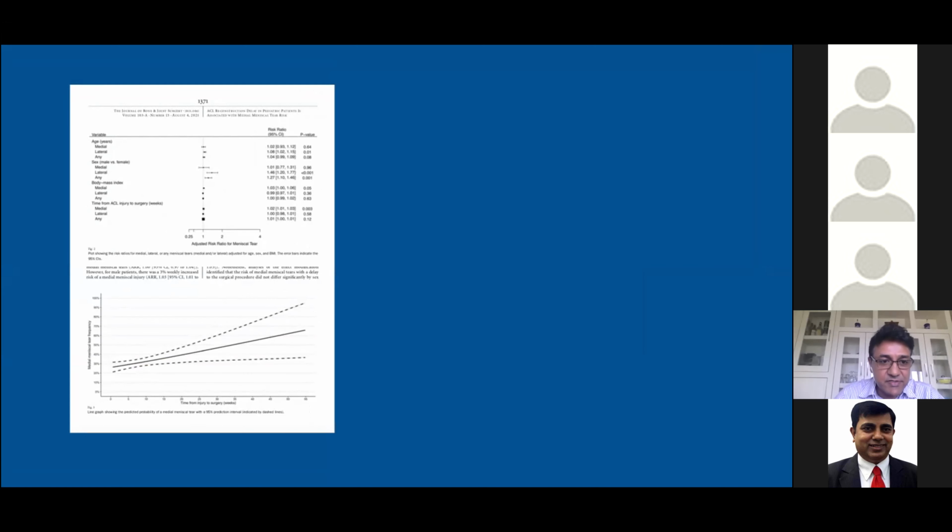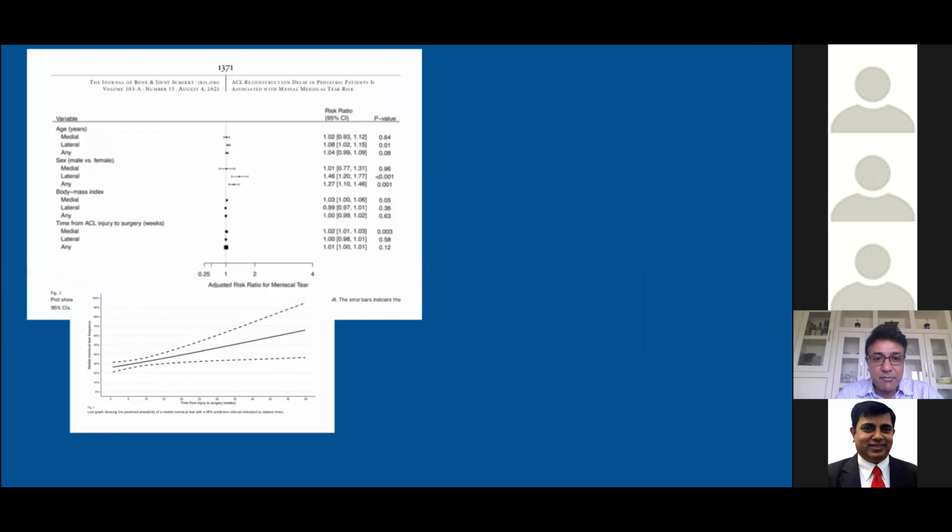If you see the result here, the table and graph are there. What does the table mean? There are some ratios here. This is the risk ratio of meniscal tear: medial meniscal, lateral meniscal, meniscus tear. The risk ratio is a little higher.